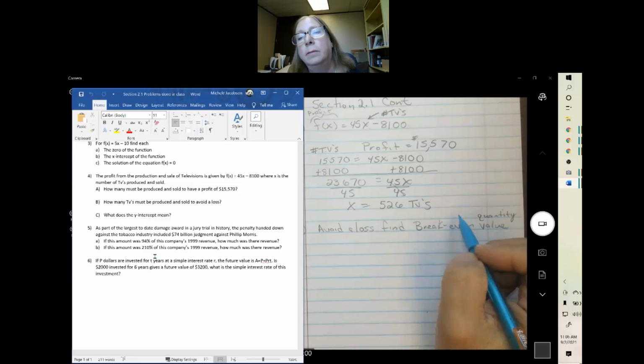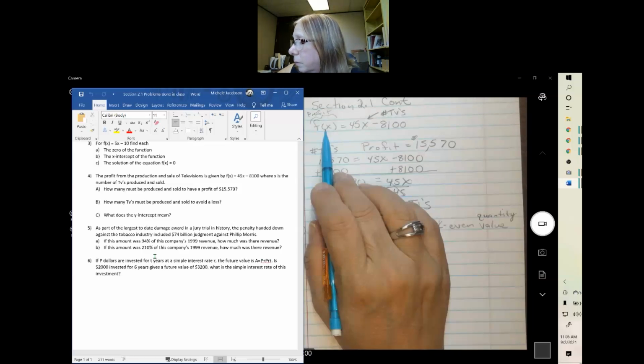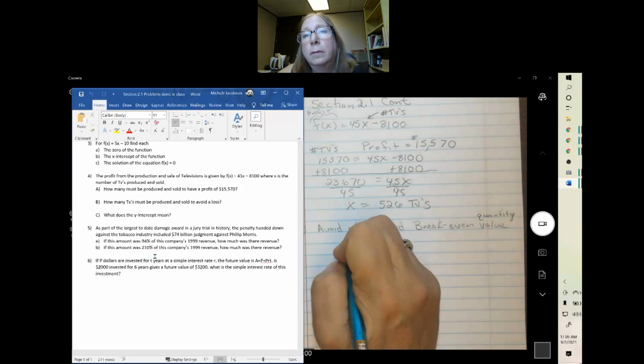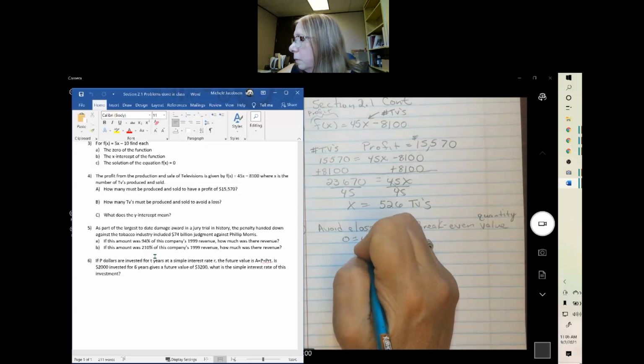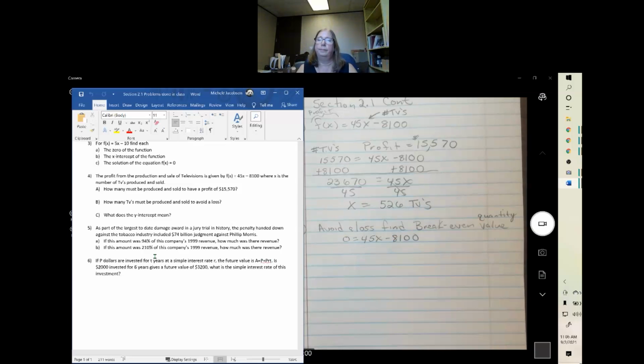To find the break-even quantity, you set the function equal to 0 and solve. So if it says avoid a loss, you set your function equal to 0 because that's where you will start making money after that value. You're no longer in the negative.